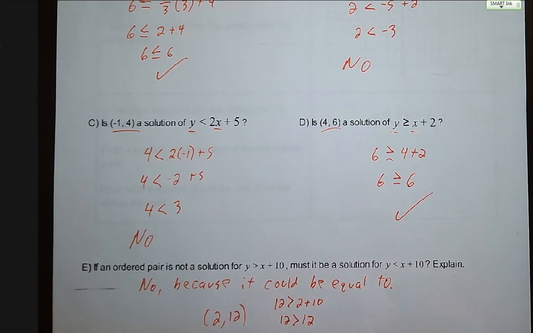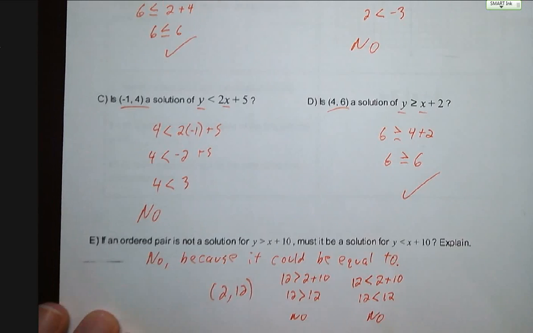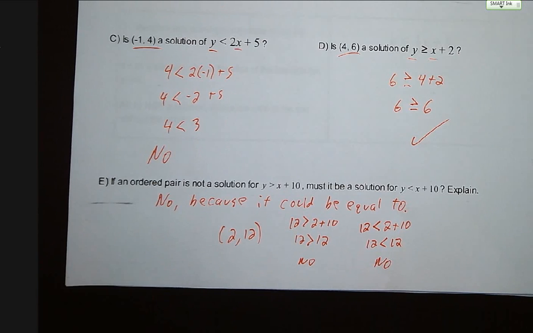So if we plug it into our second equation, 12 is less than 2 plus 10. 12 is not less than 12. So that would be an example where we have an ordered pair that is not a solution to either one, and it's because that is a point that lies on the line.